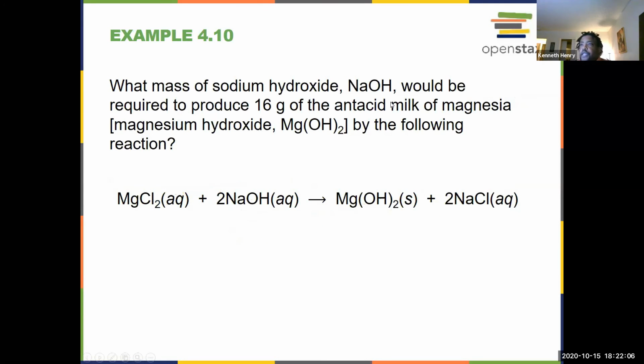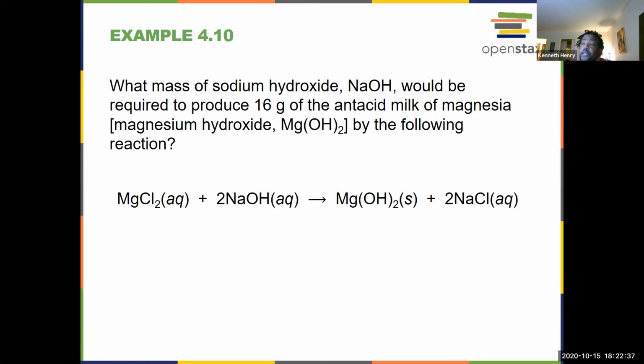Okay. So here, what is the mass of sodium hydroxide, NaOH, that would be required to produce 16 grams of antacid milk of magnesia, which is magnesium hydroxide, MgOH2, by the following equation?